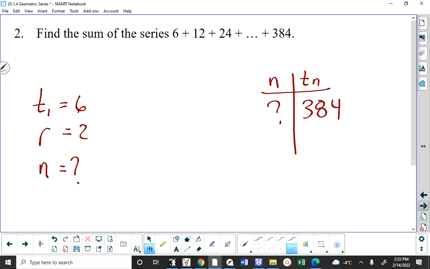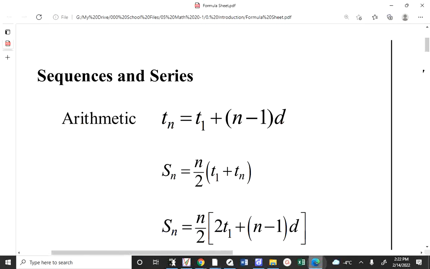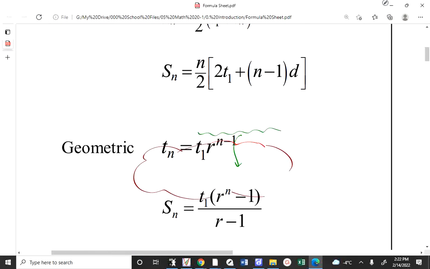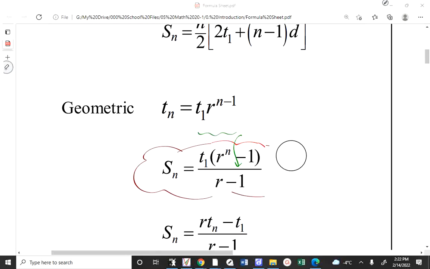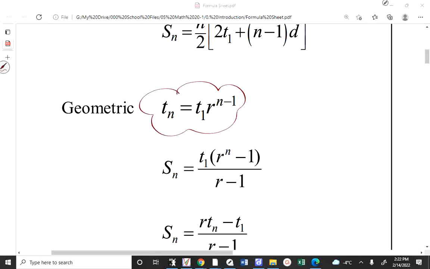So that's what we have to do. We have to go to our formula sheet and go to our geometric general term formula and use this to determine what the value of n is that would give us 384. So we have to just take a detour here.